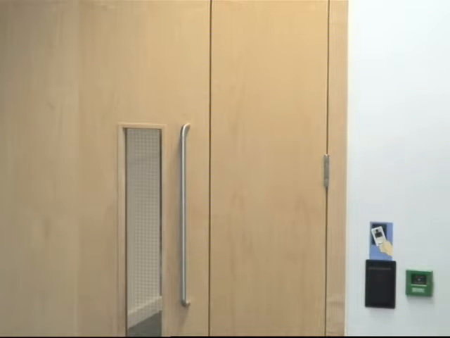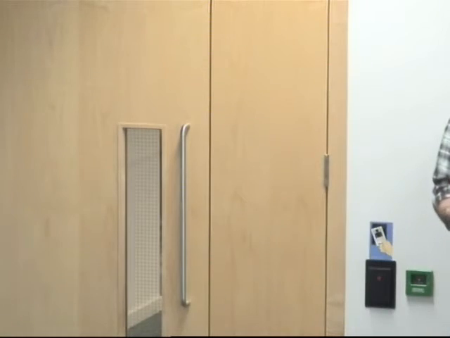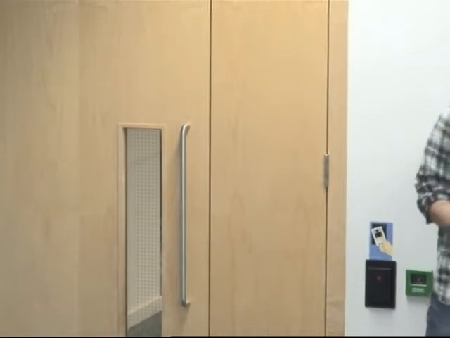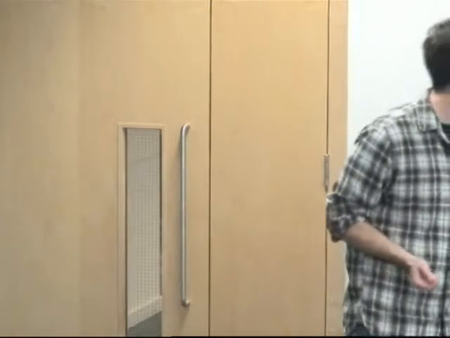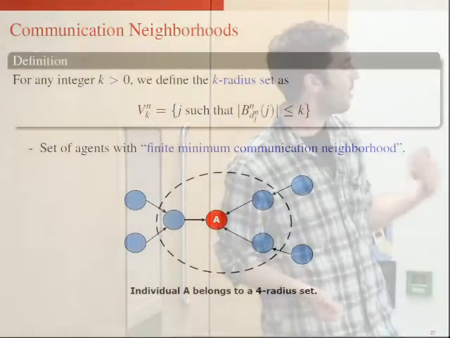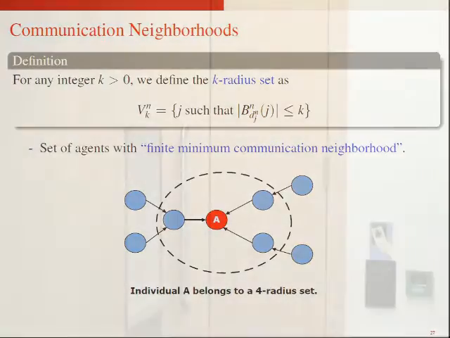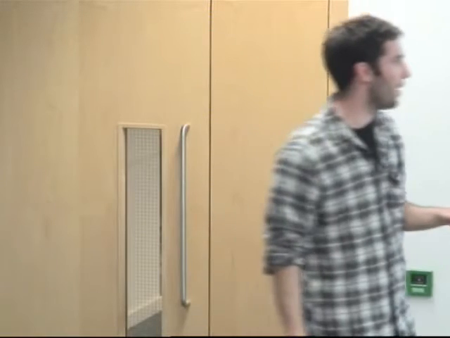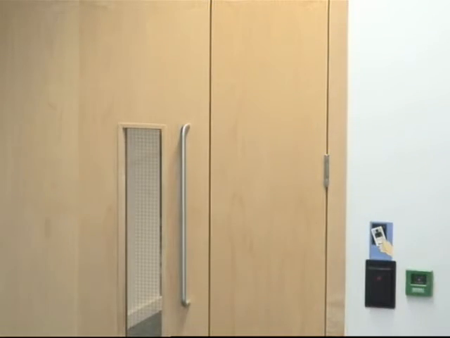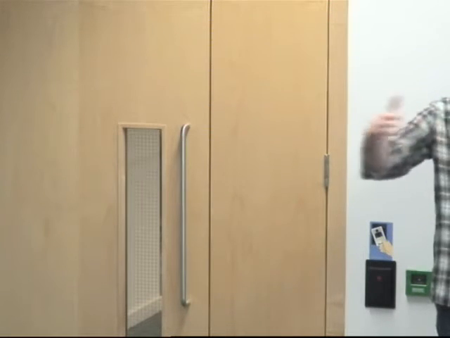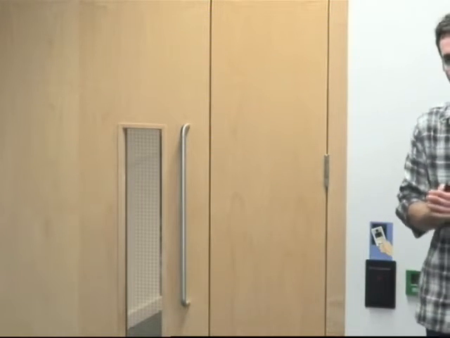We are interested in the earliest time that agent A will exit, so we say that the minimum communication radius is 1. Okay? And similarly, we define k-radius sets, which have the following meaning. We say that agent A belongs to a k-radius set if the number of other agents in radius equal to his minimum communication radius is at most k.